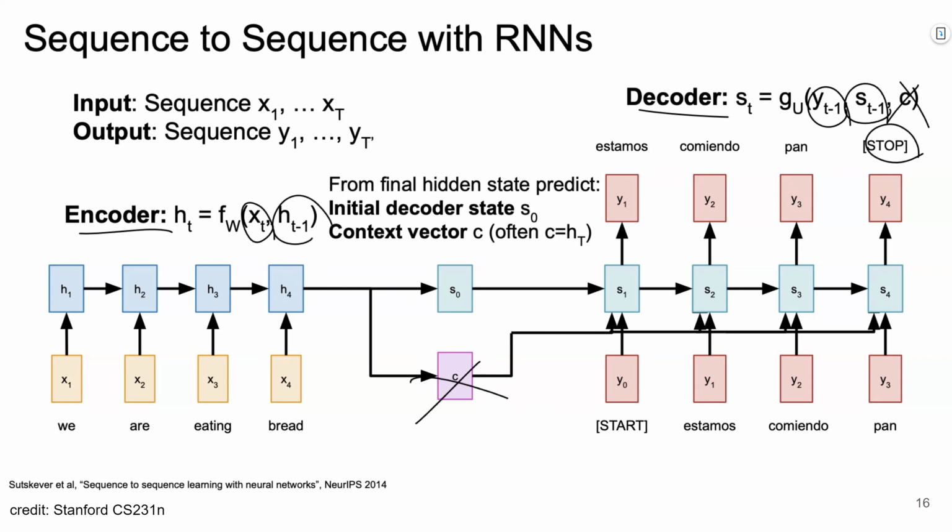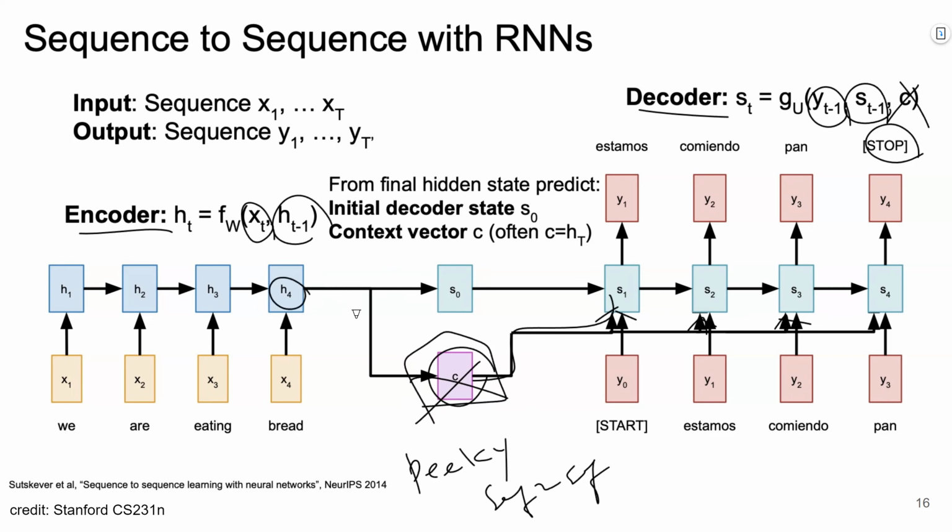However, if you put context here and concatenate this context vector every time with each time step input, then it's called a sequence-to-sequence model with context. And why do we need to add this same last hidden state multiple times?